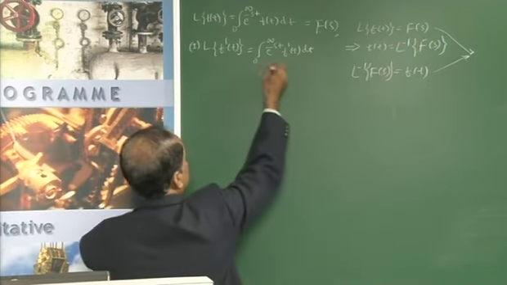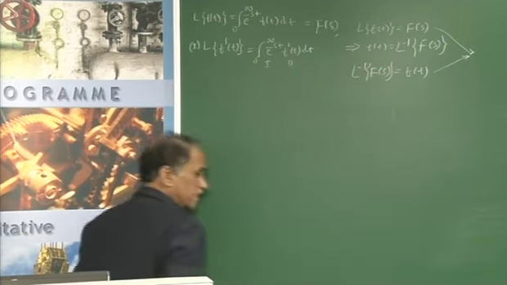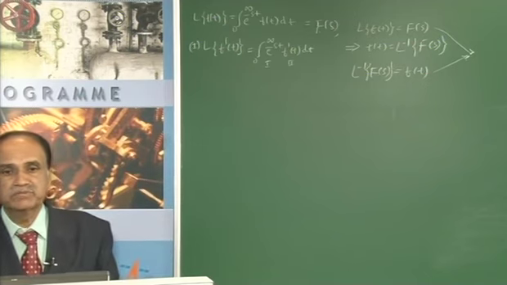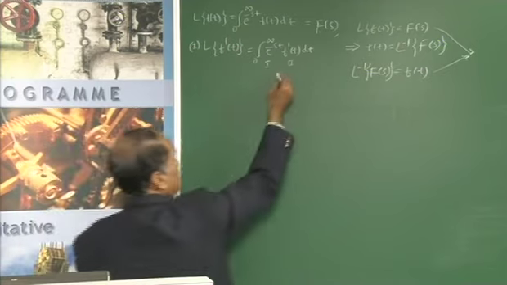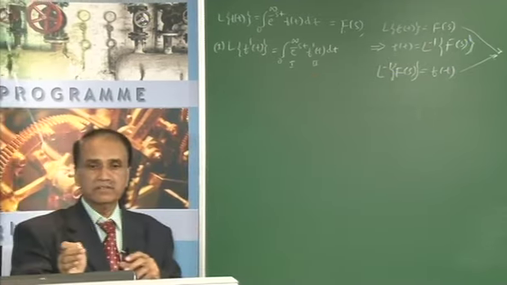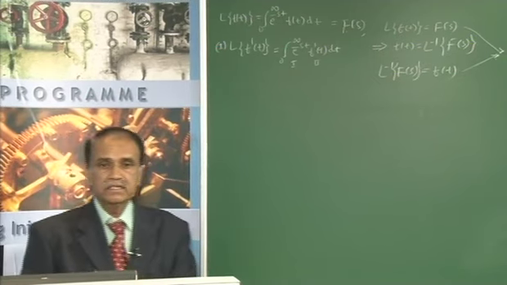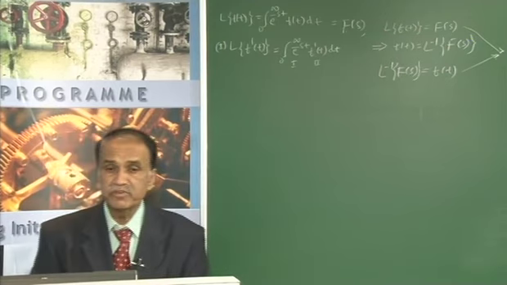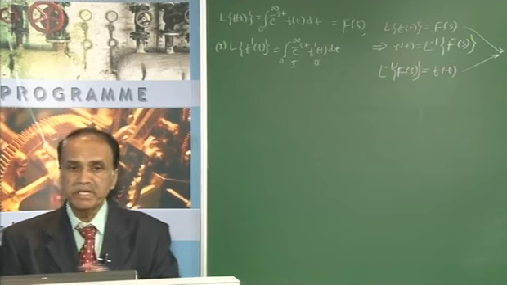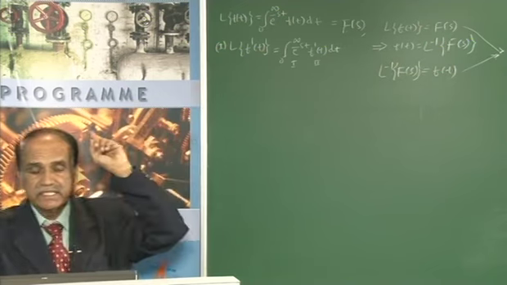Now, this is to be integrated using integration by parts. That means how to select which term as first term and which term as second term. You must be much familiar with this when you studied the elementary Laplace transforms, and you came across handling the product of different functions under the integral sign.